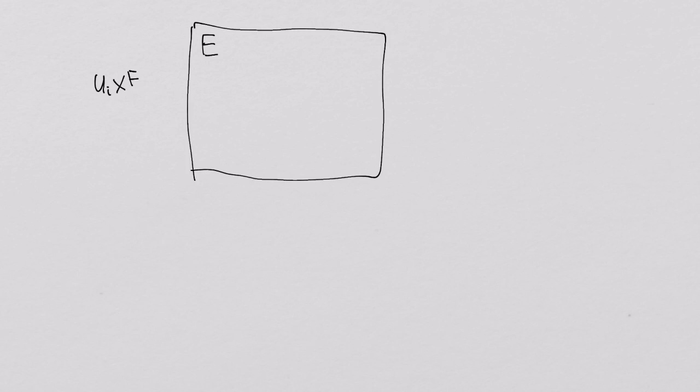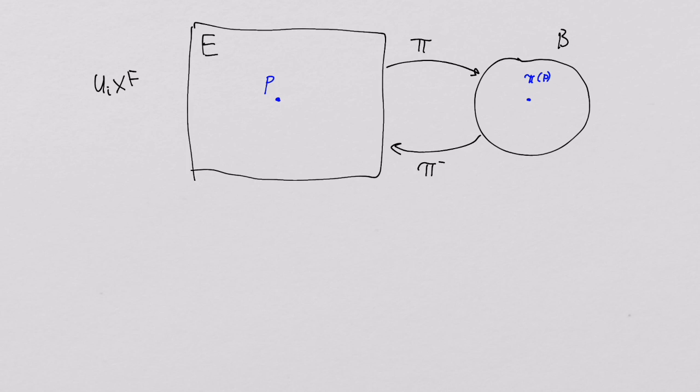So we start with a point in E, call it P, and the first thing we do is go back to the base manifold. I'm going to find the point pi of P in the base manifold, which is a simple projection using the continuous function pi. And of course I have pi inverse, which is very important. That's the projection map, which we know we have because we're presuming this is all a fiber bundle.